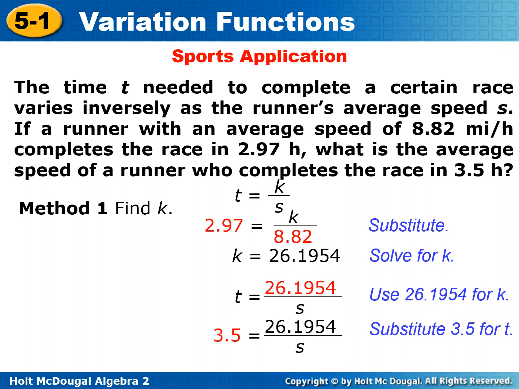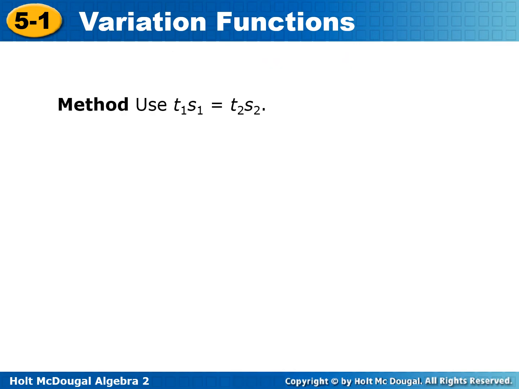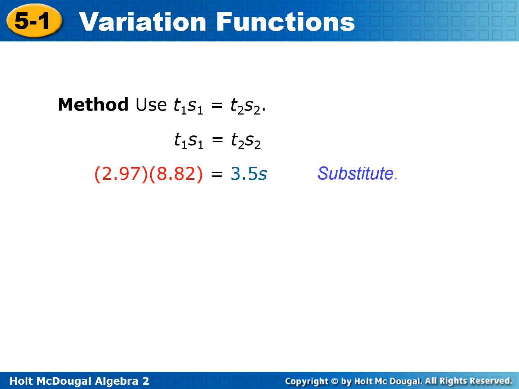So from here, we are going to substitute our t. So in here, we are going to cross multiply and solve for s. So s is approximately equal to 7.48. Now, using method 2, the ratio and proportion, so substituting all the values, and then we are going to divide both sides by 3.5.